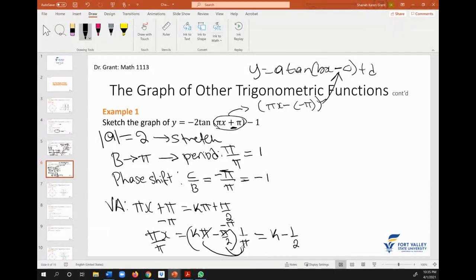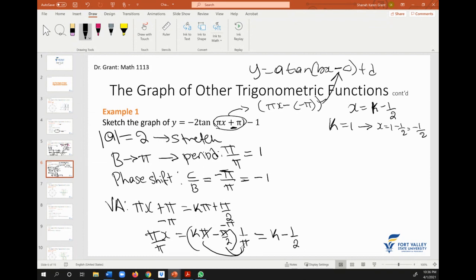So that's what x is equal to. Now, recall k can be any constant that's odd. And so let k be 1. That means we have x equals 1 minus 1/2, which is positive 1/2.